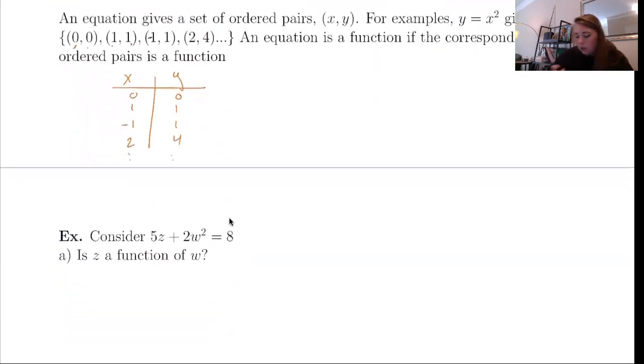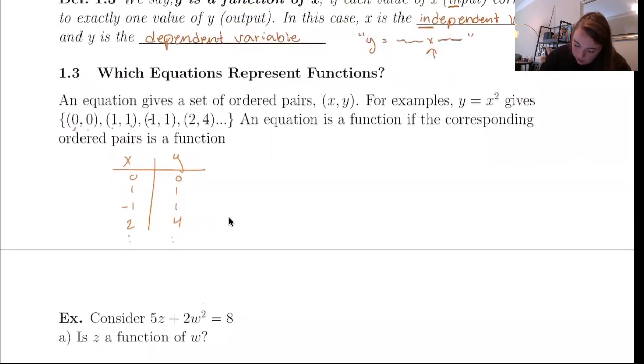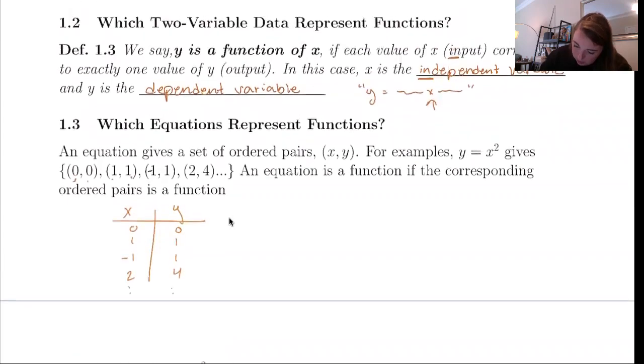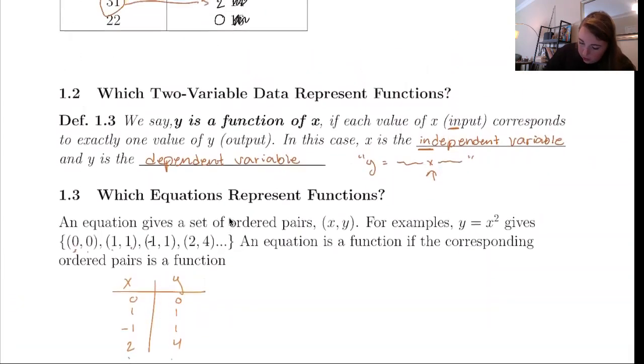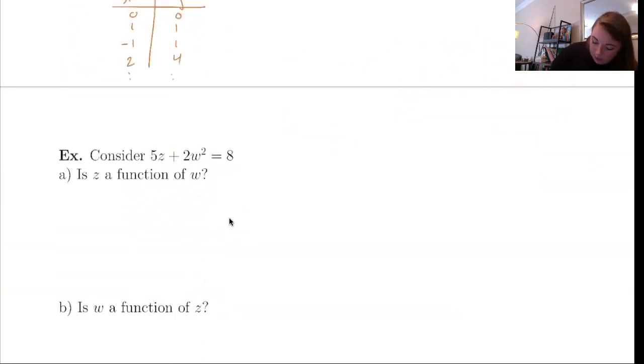Okay, so now let's look at this equation and we're going to be asked to find if z is a function of w. So if I want z is a function of w, we say y is a function of x, means we're going to have a y equals scenario. So to find if z is a function of w, I want to find z equals.